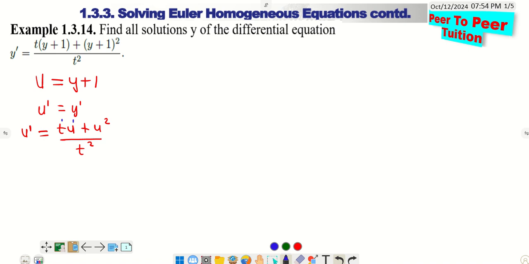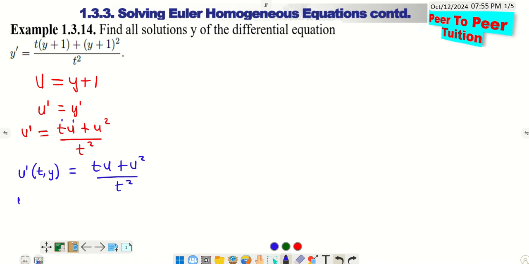But we can also use the normal approach. Using the normal approach, we can say that u prime is a function of t and y, which is given as tu plus u squared, all divided by t squared. Now I want to transform t to tc and y to yc.